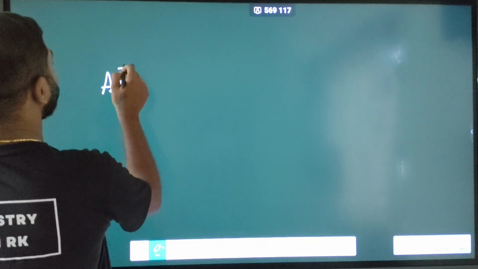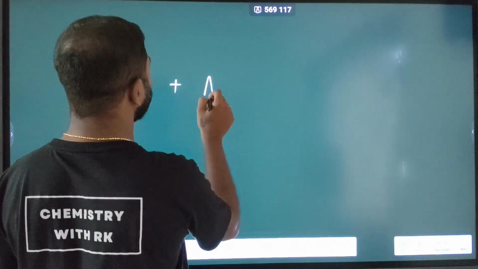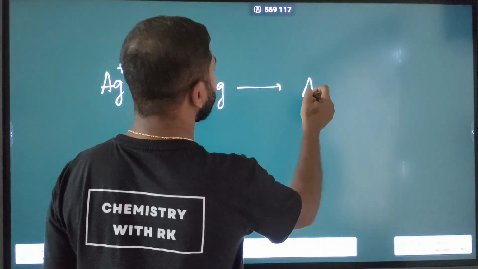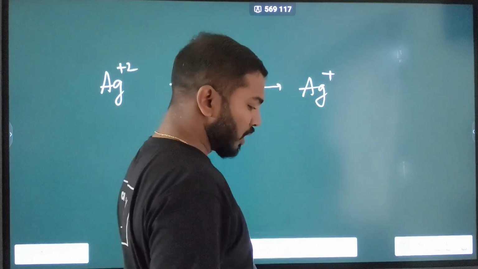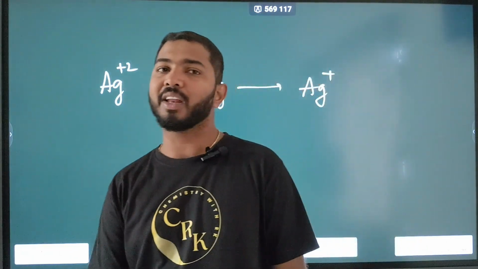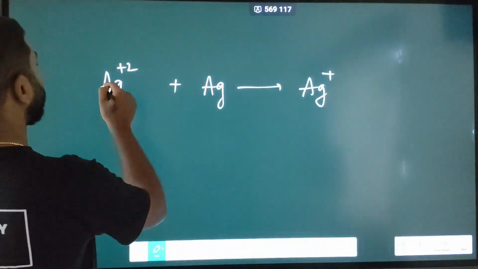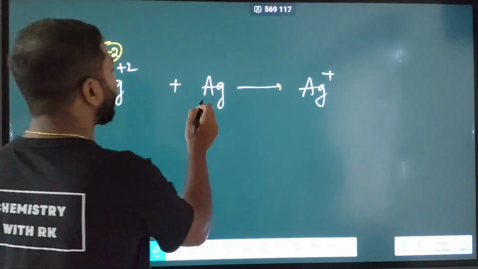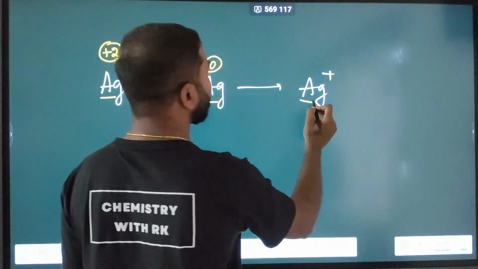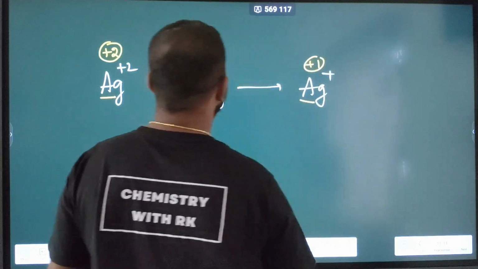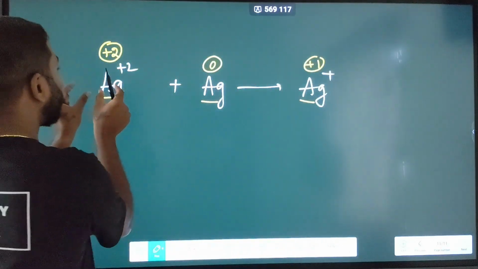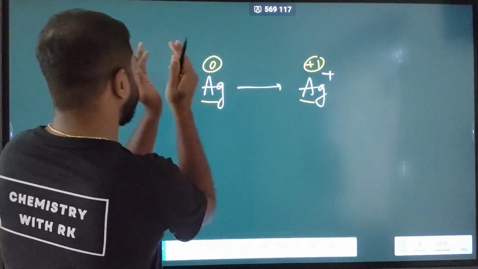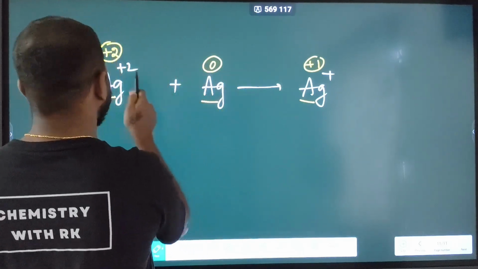Let me take Ag2+ plus Ag gives Ag+. What do you observe in this example? Ag2+ has oxidation number +2, Ag has oxidation number 0, and Ag+ has oxidation number +1. So what you observe here is the same element, silver, from different reactants.